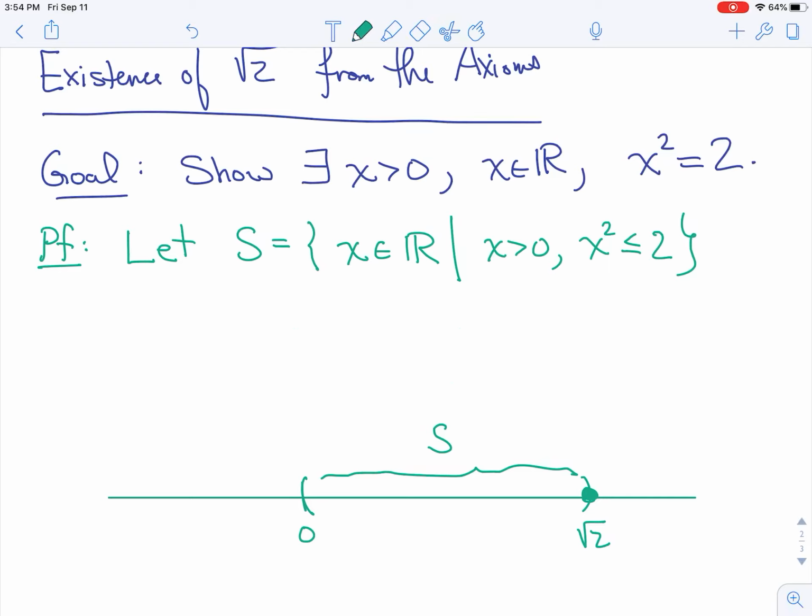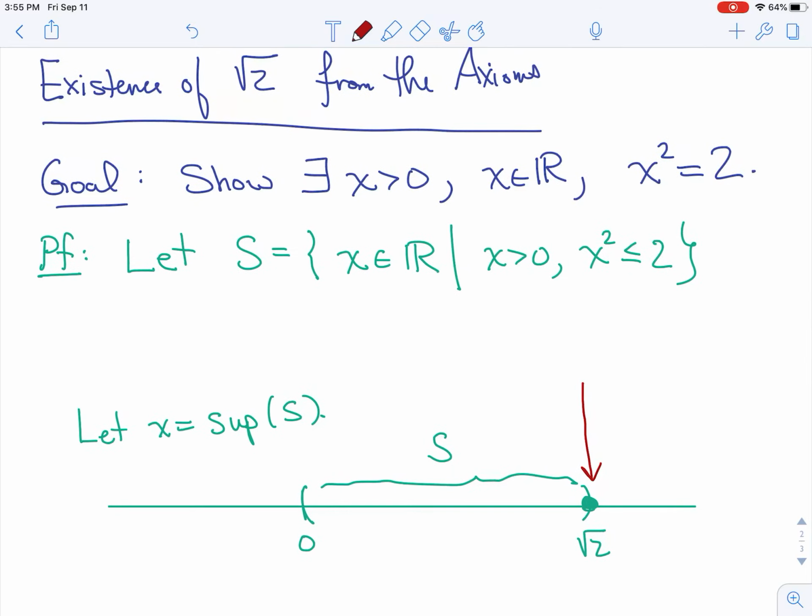What I'm going to do is I am going to let X be the supremum of S. And according to this picture, the supremum of S really looks like it should be the square root of 2. Right? And so in our goal, I want to find a number X that squares to give me exactly 2. And here's how I'm going to construct it. I've got a set.